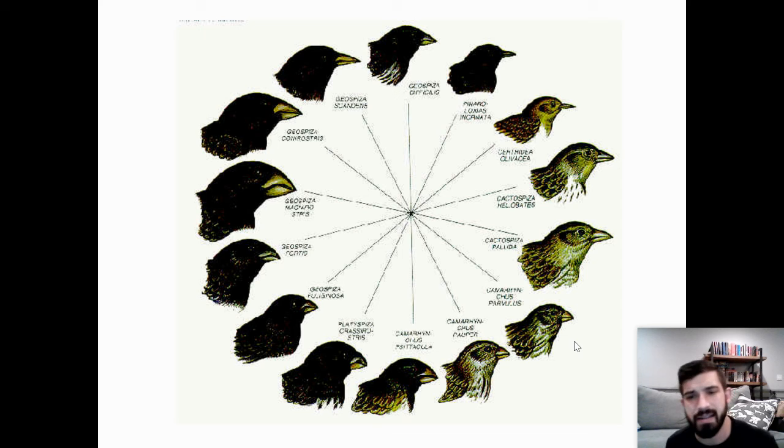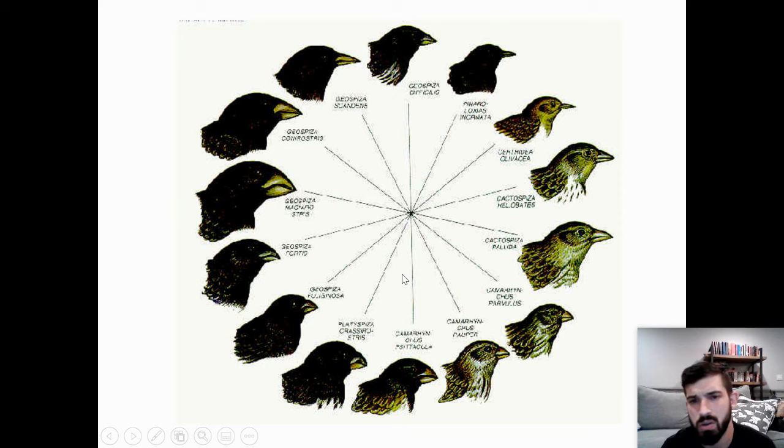And just like in our activity, we used birds as an example, right? And so what we found is that we started with an original population that had an average beak size, right?